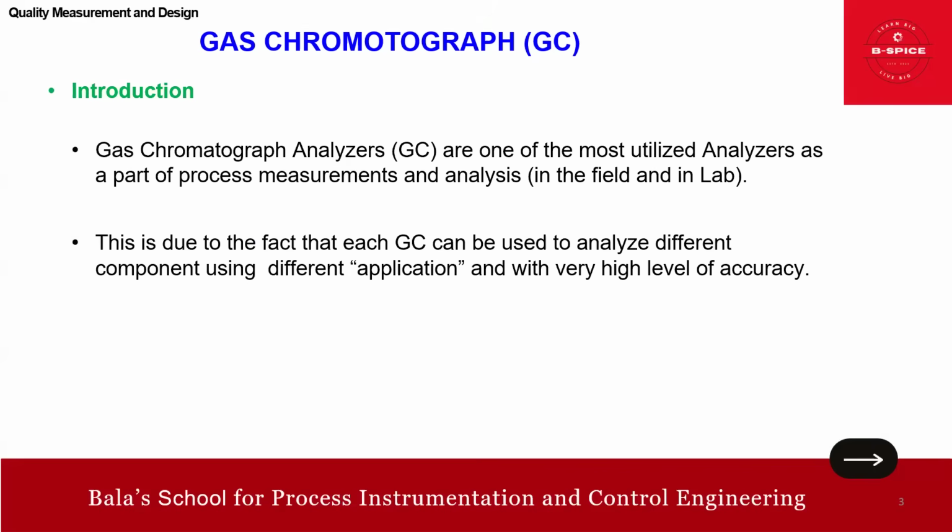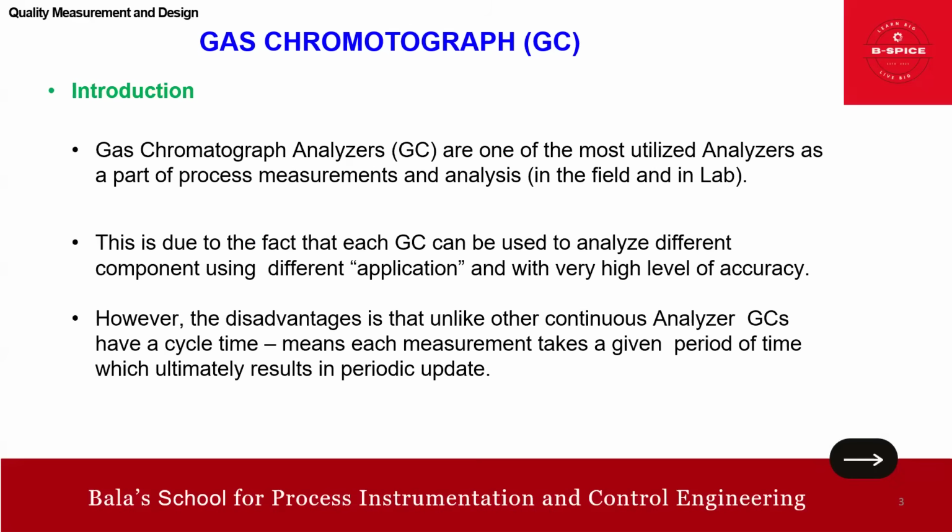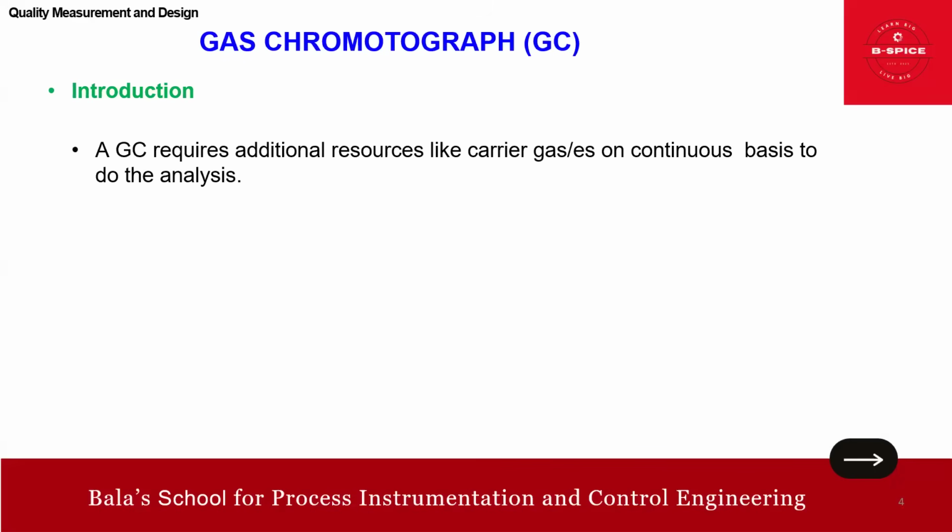That is why this is one of the most utilized analyzers. However, the disadvantage is that unlike a continuous analyzer, a GC has a cycle time. This is the only drawback. Each measurement takes a given period of time, which ultimately results in periodic updates.